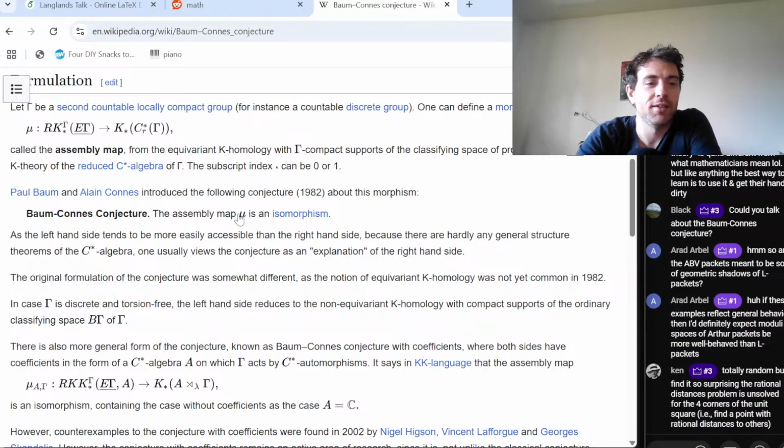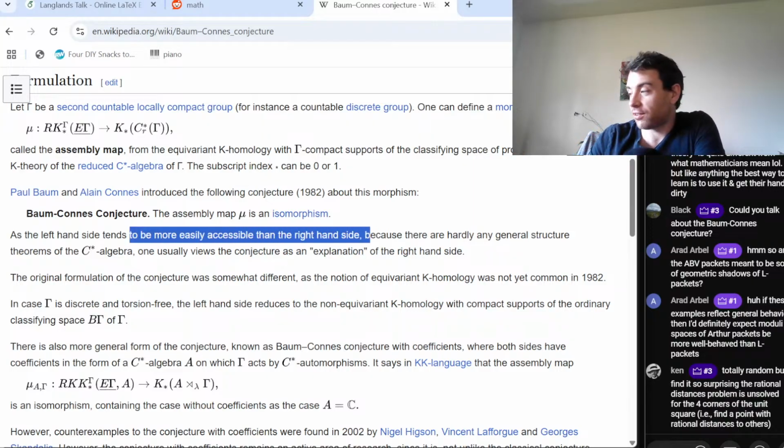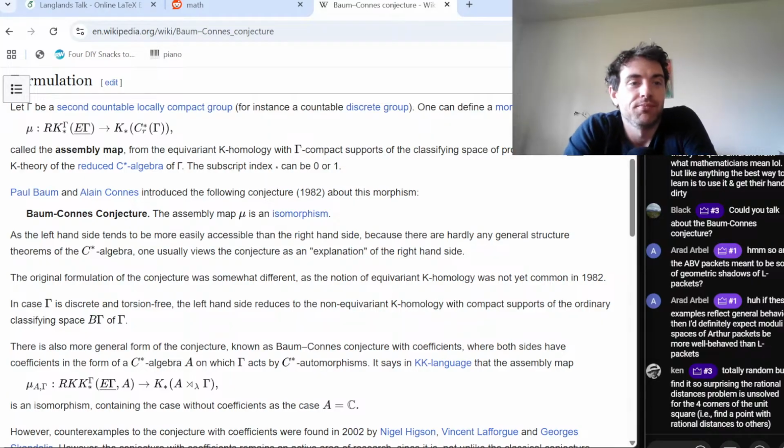As the left-hand side tends to be more easily accessible than the right-hand side. Okay, whatever you say, Mr. Wikiman. Well, I guess it's not so crazy.